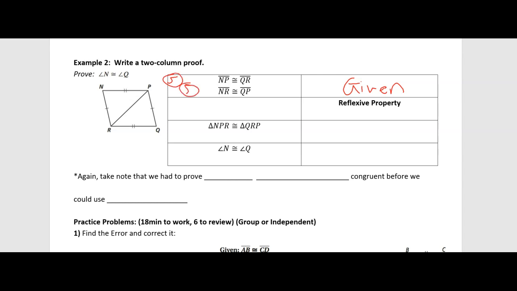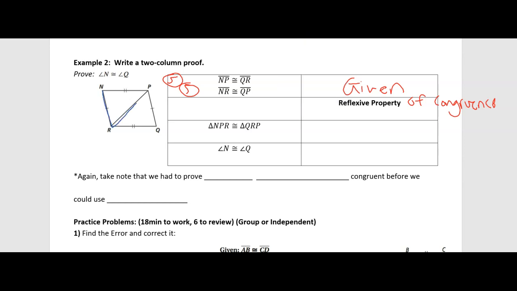Then our next reason is going to be the reflexive property. And this is going to be of congruence because we are working with congruent statements. I know you already have that fixed on your paper. So we need to be looking for a side that is common between both triangles, right? And that's going to be that side RP.